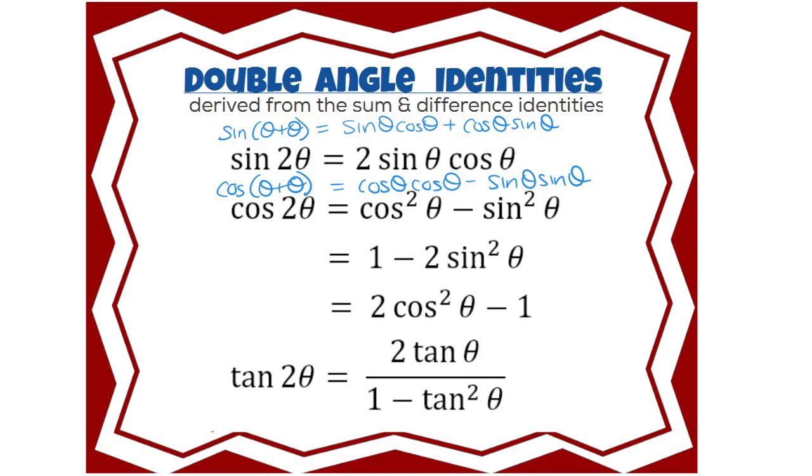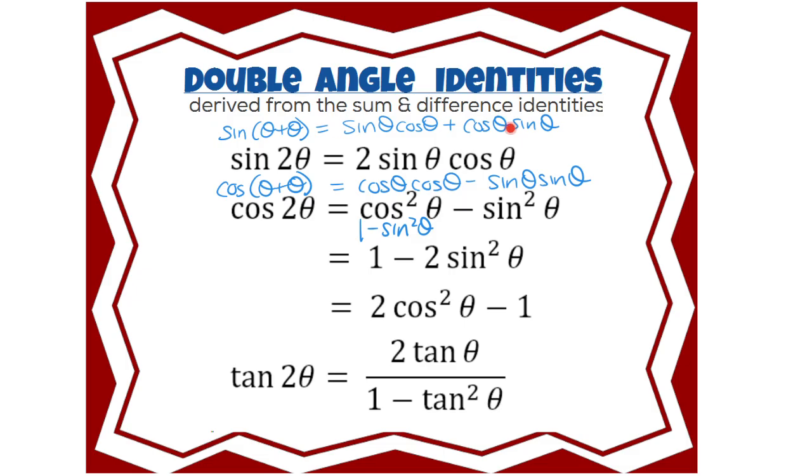Then we could use a Pythagorean identity and replace cosine squared theta with 1 minus sine squared theta. That's a Pythagorean identity. Then I'd have 1 minus sine squared theta minus sine squared theta, which is 1 minus 2 sine squared theta. And I could do the same thing with the sine squared, and I'd land here.